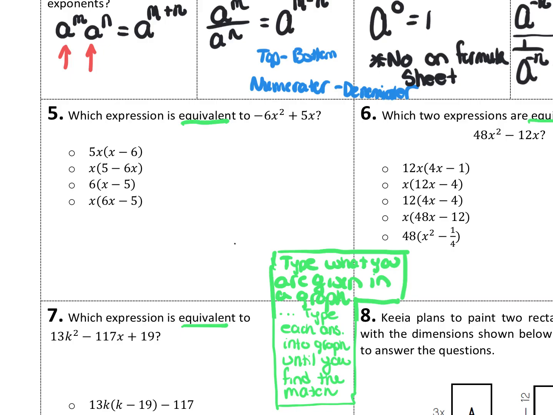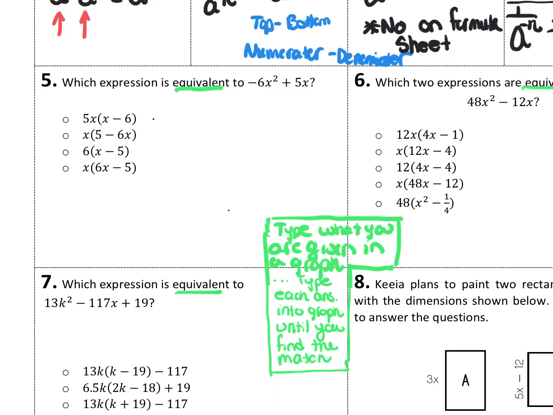I'm going to do these by hand, and so it says which is equivalent. So I'm just going to practice using a box. So we're going to draw our box. We're going to multiply into the box. So x times 5x makes a 5x squared. Negative 6 times 5 makes a negative 30x. That's not the same thing that I have.